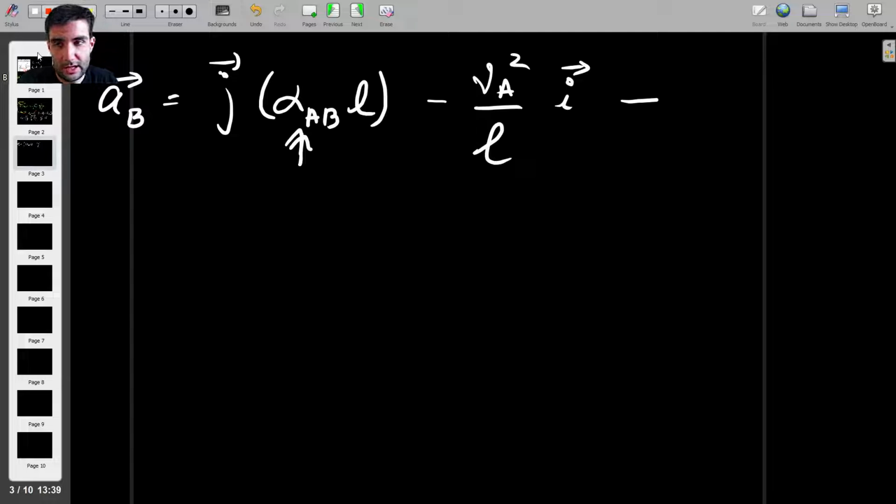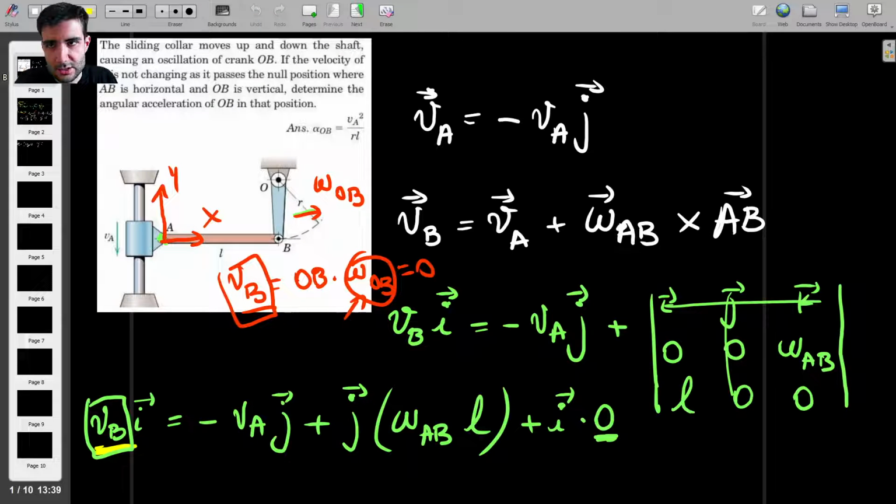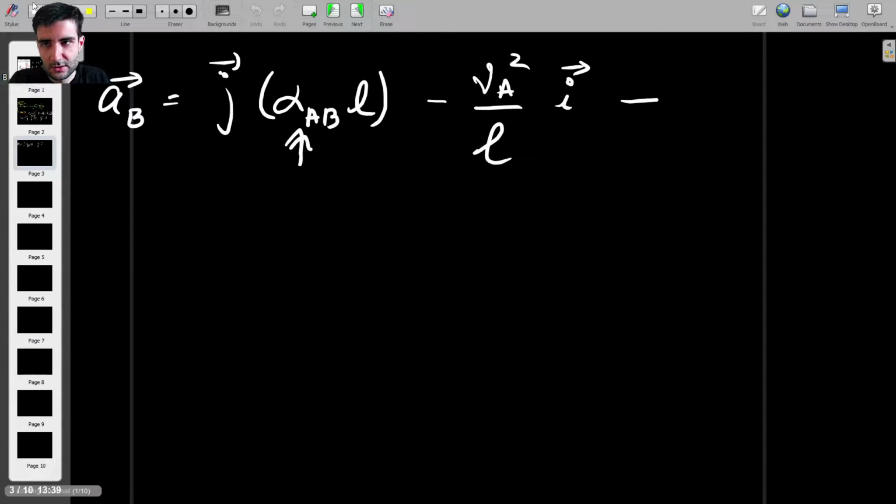And the other thing we'll do is find an expression for the acceleration of B, but this time we're going to do it from here. So I'm going to put my coordinate system into point O, and this coordinate system is fixed to link OB, and using that, we are going to find the acceleration of B from a different direction.